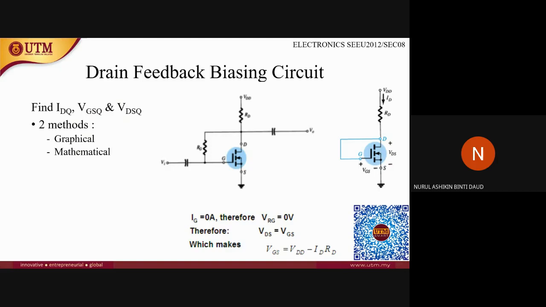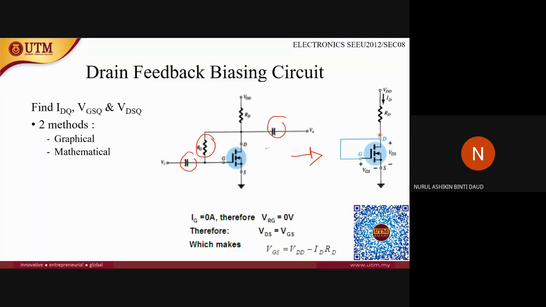We need to short circuit the resistor, and we need to open this capacitor, so it leaves only this part. Since we short circuit this resistor and open the capacitor, the circuit will look like this. This is the simplified version of the circuit.